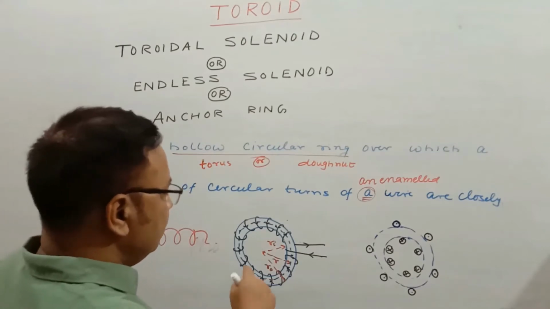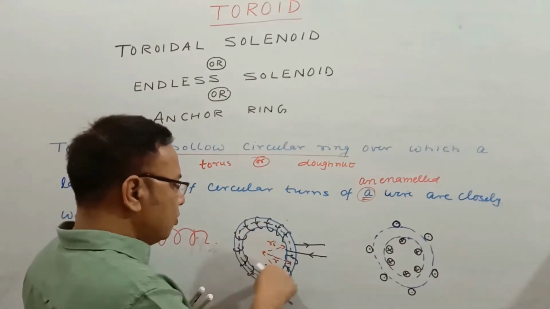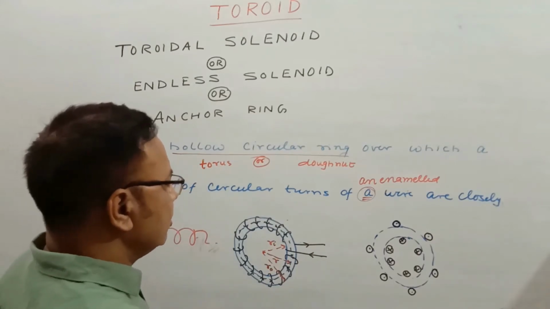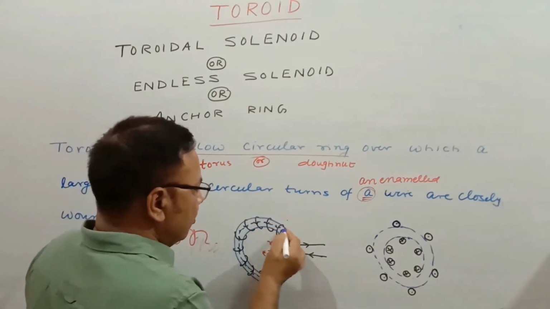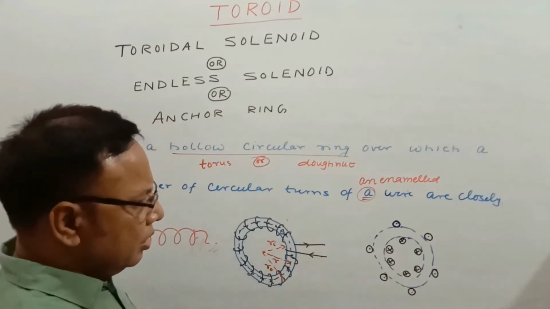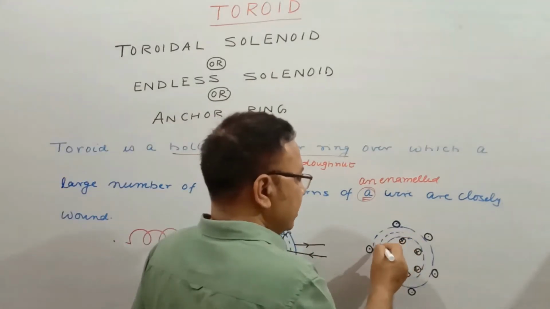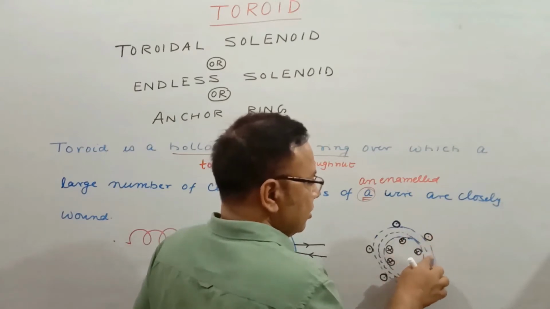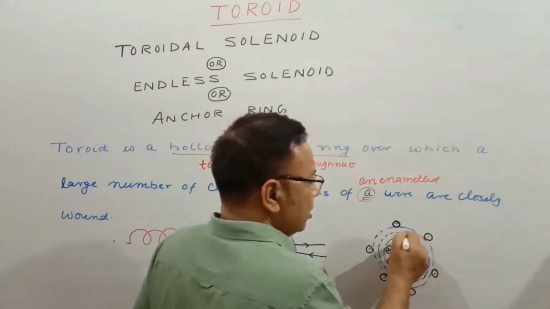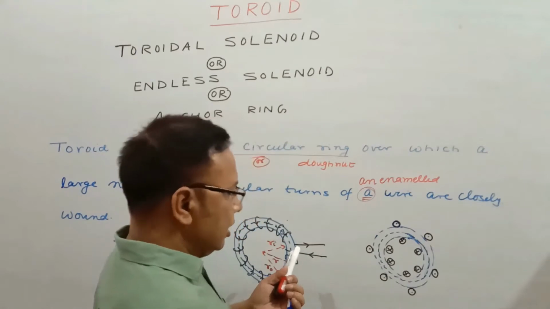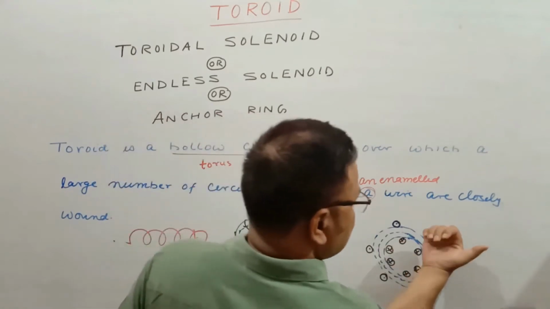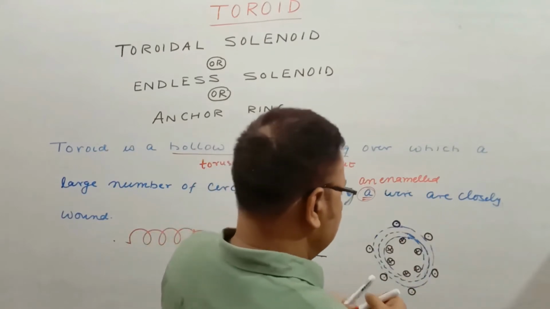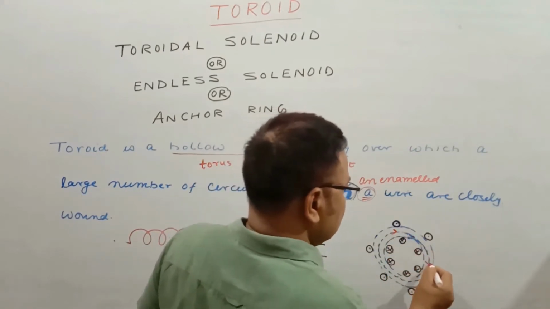It should be not only one, but about this particular line it is in the form of a cylinder, or you can say circular, just like a torus. This is the field I am drawing here, and as per the circular loop, the loop is somewhat like this, so thumb is downward. In this case the field direction is clockwise.